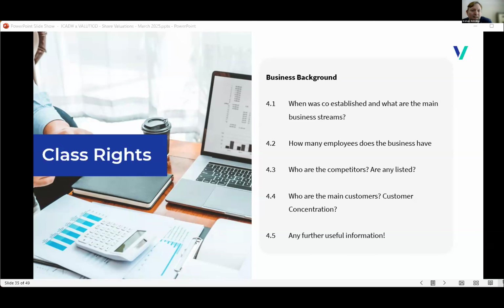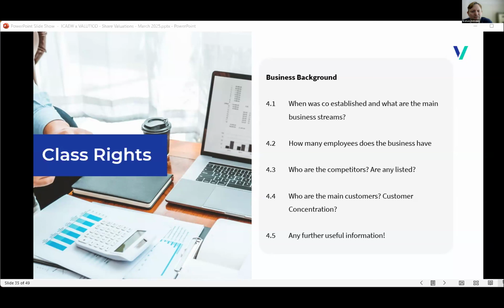If comparable publicly traded companies do exist, then software such as Valutico can help us to provide useful valuation benchmarks. Customer base and concentrations, we'll also look at who the company's primary customers are and how dependent the business is on them. A highly concentrated customer base can increase risk, whereas a diversified customer portfolio can indicate stability.